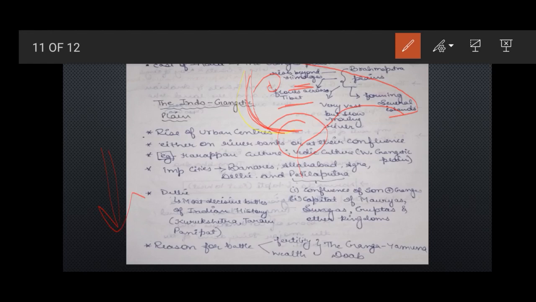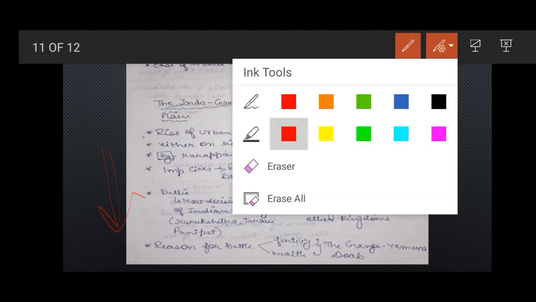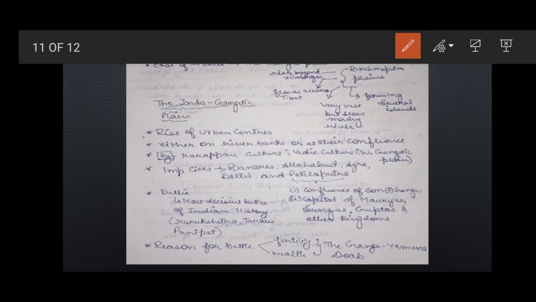Now let's move further. It is considered a very vast, however very slow moving river. It also forms several islands, and one of the best examples is Majuli Island, which is present in Assam.